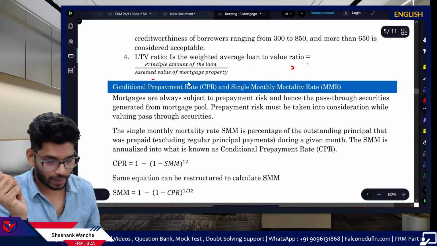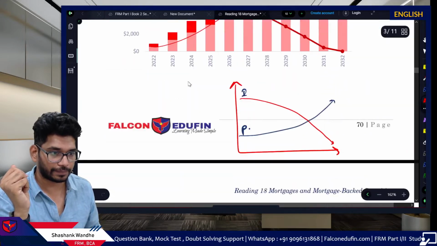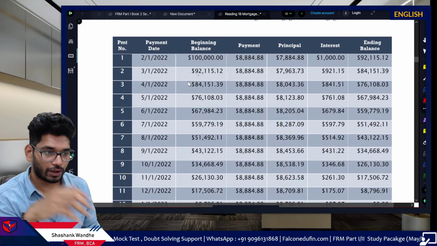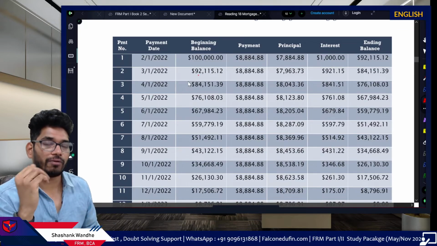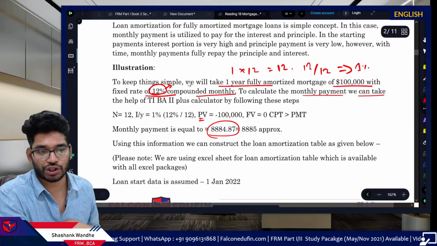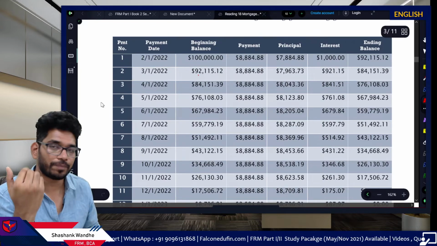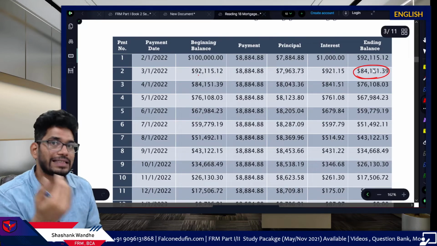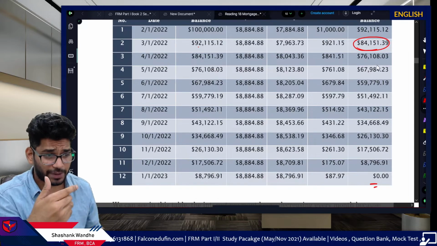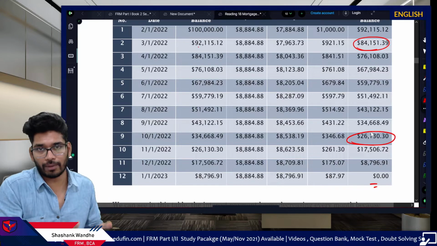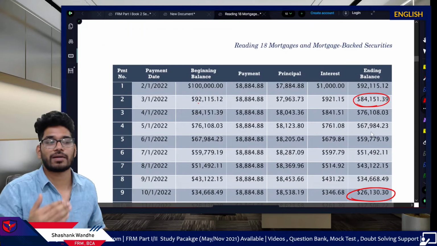I guess one thing I forgot to mention in this particular topic is what type of question to expect if GAAP decides to ask a question on loan amortization. Maximum you can expect is what will be the ending balance in the second month. GAAP is not going to ask you the ending balance in the 8th month, because you would have to work through the whole amortization table. The maximum is the second month.